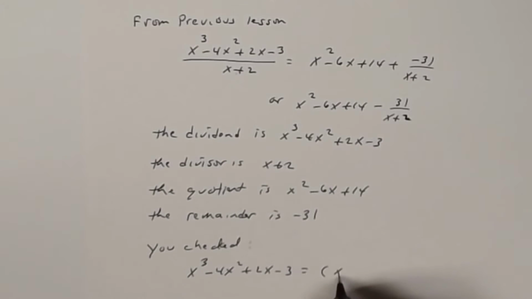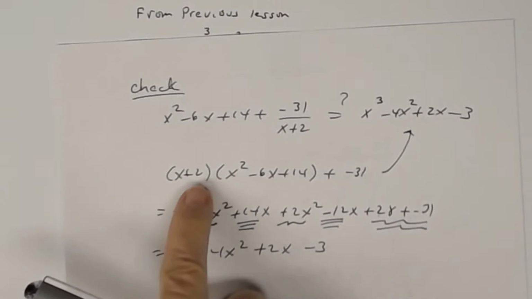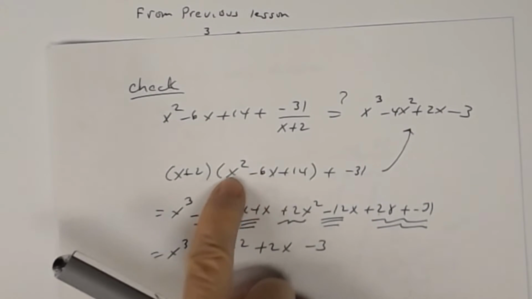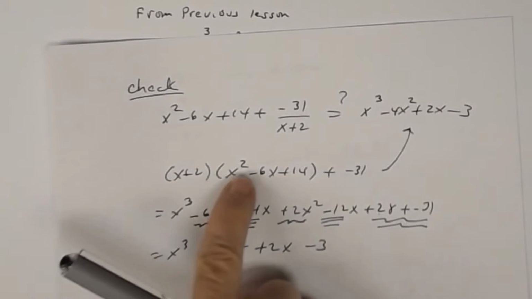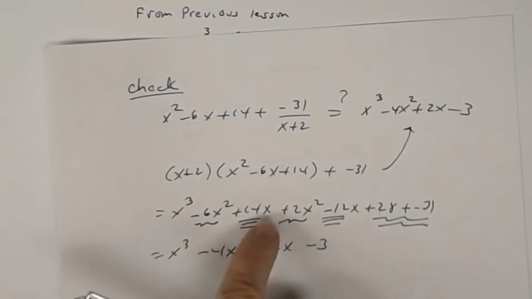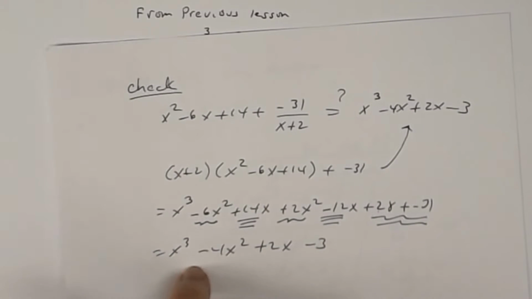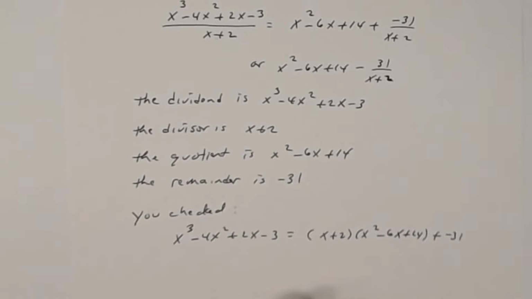So we said x plus 2 times x squared minus 6x plus 14, and we added the remainder. If you go back to that page, you'll see that's what we did. We multiplied the divisor times the quotient plus the remainder. Remember, you had a binomial times a trinomial, so you had to use the distributive property. We combined like terms, and notice we ended up with the dividend. So when you check, that's what we ended up with.